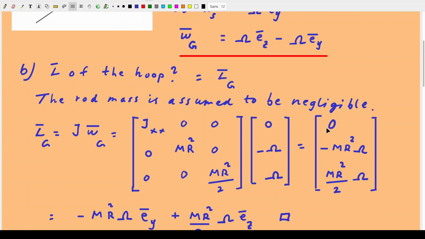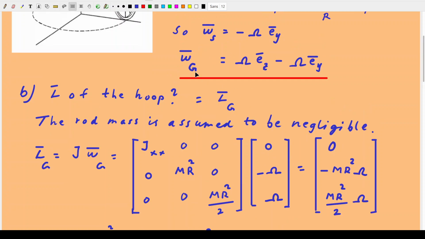The first thing we realize, since this vector here is 0, minus omega, omega, is that whatever this element J_xx is, it doesn't matter because it will be multiplied with 0. So we will not care even what J_xx is. So we turn to the next one.